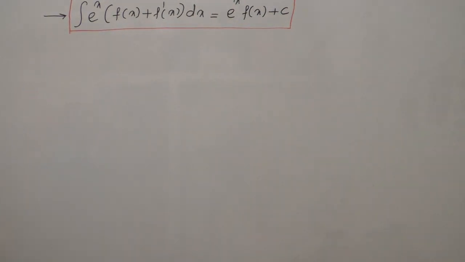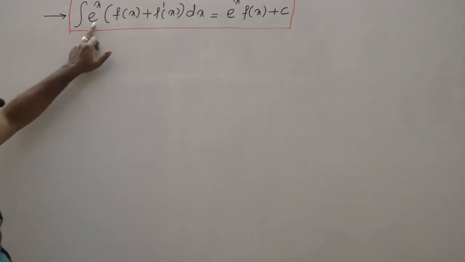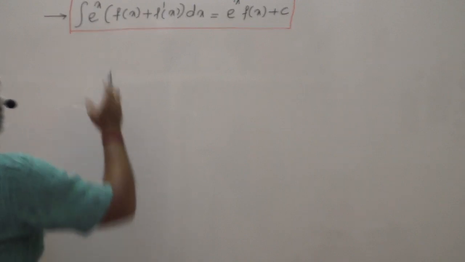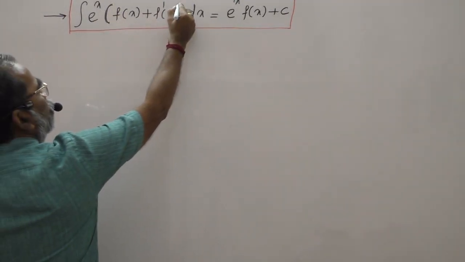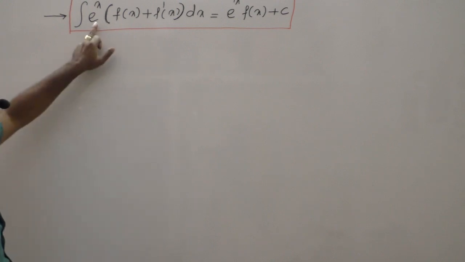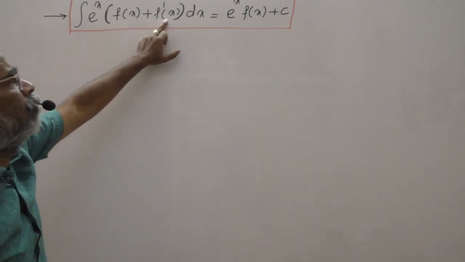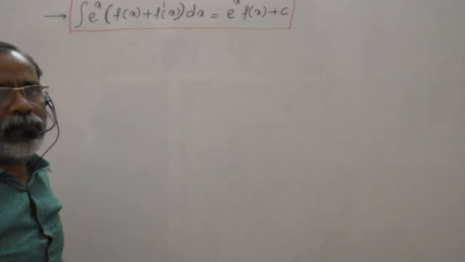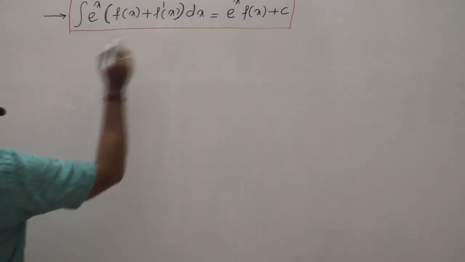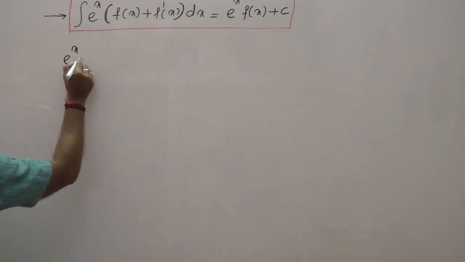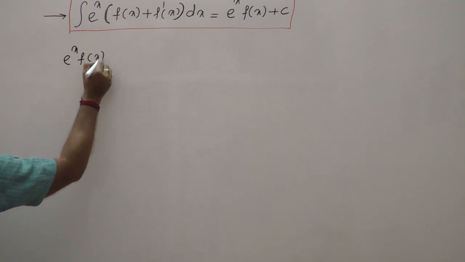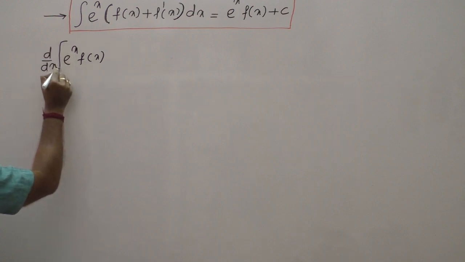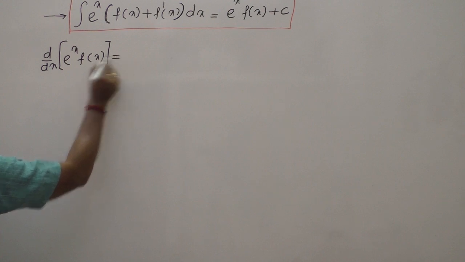So what is it? Integral e power x into bracket f of x plus f dash x, its integral will be e power x into f of x plus c. See how it comes. I will take e power x into f of x and find its derivative. How to find the derivative?